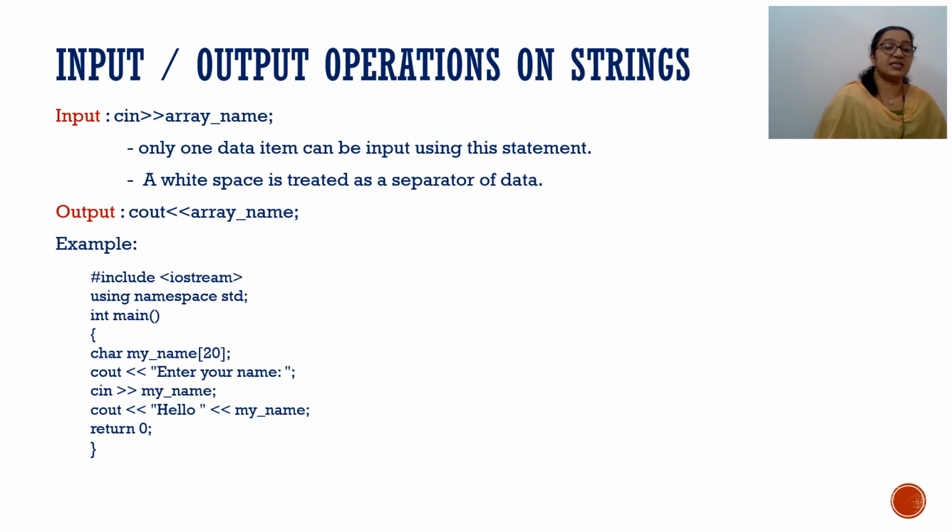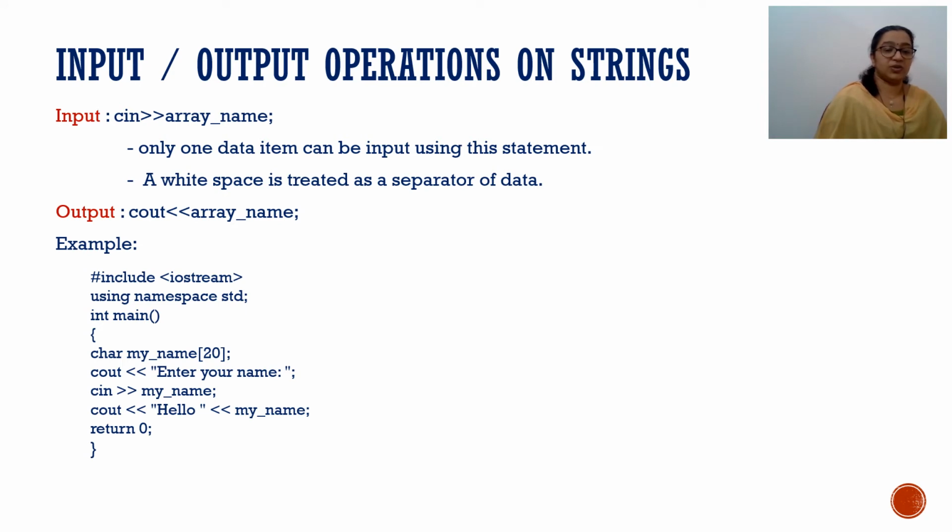Then cout with the array name: the whole string stored in that memory will be displayed through the cout statement without putting the index number. Got it? Now see the example here.